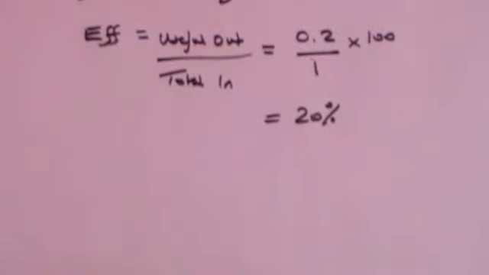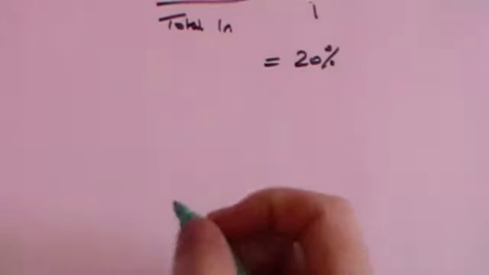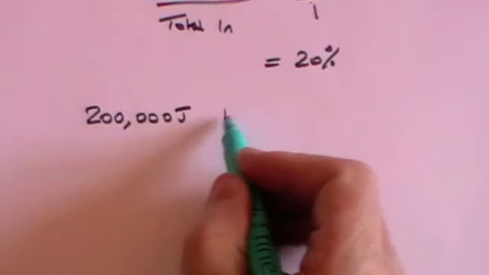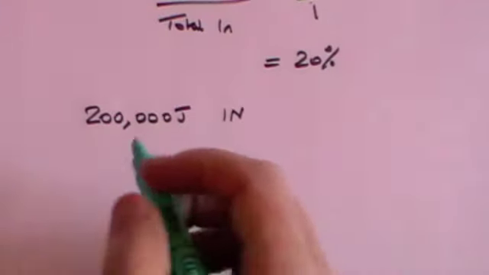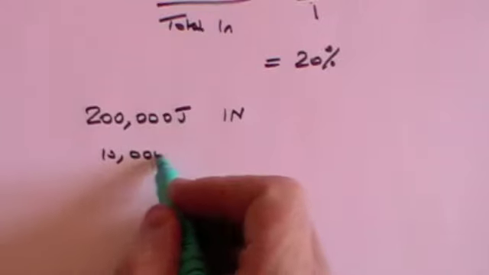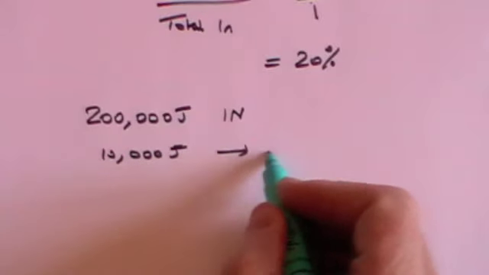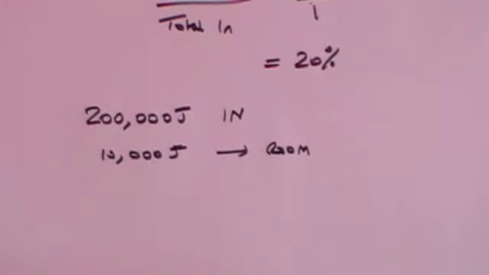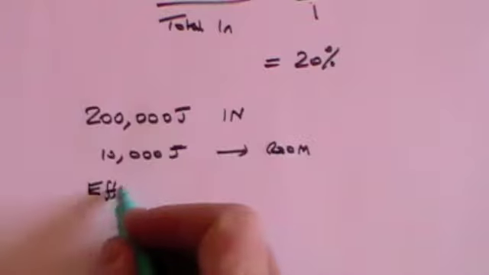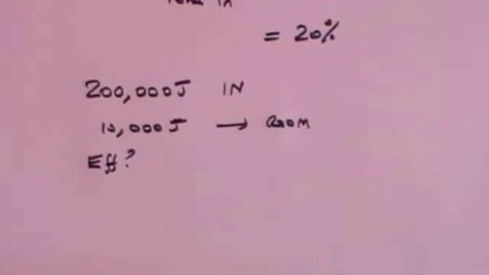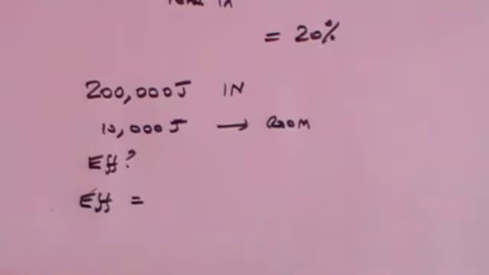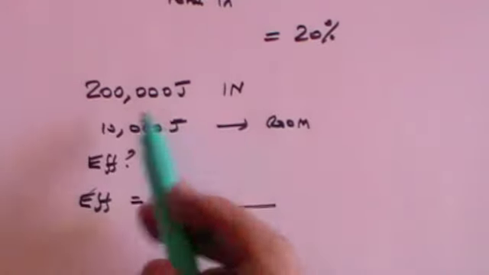So here's a question. We've got a kettle. The kettle takes 200,000 joules of energy in, and it deposits 10,000 joules of energy out to the room. In other words, that's wasted. So what's the efficiency? Well, the efficiency, of course, is defined as the useful energy out divided by the total energy in. Well, we know what the total energy in is.